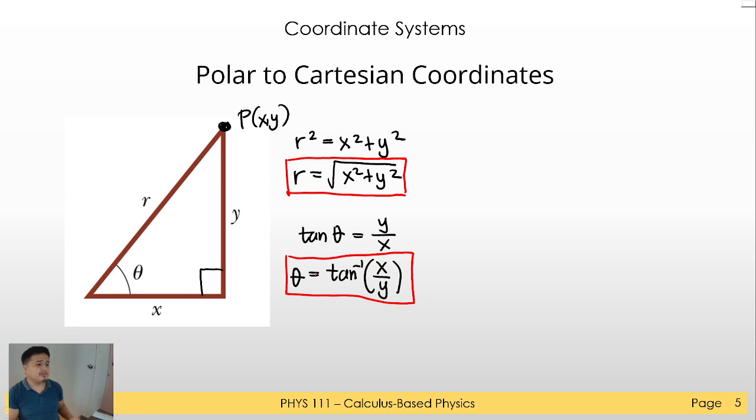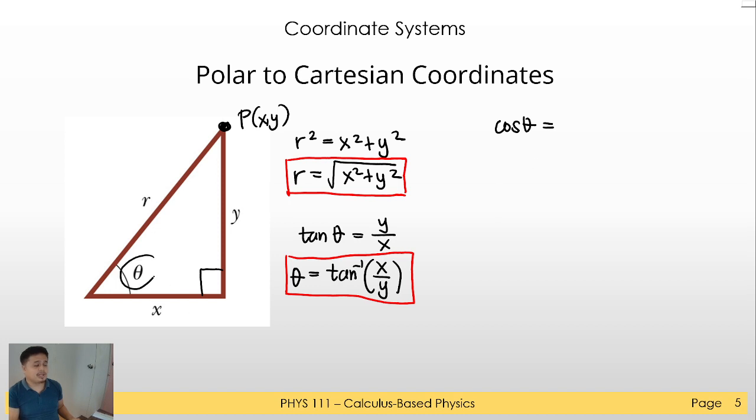And then what if we have a given polar coordinate? How do we transform this polar coordinate into its Cartesian coordinate system? Given the r and theta, we could determine a relationship between theta, x, and r using the cosine function, as you can see. If you could remember in your trigonometry, cosine theta is equal to the adjacent over the hypotenuse.